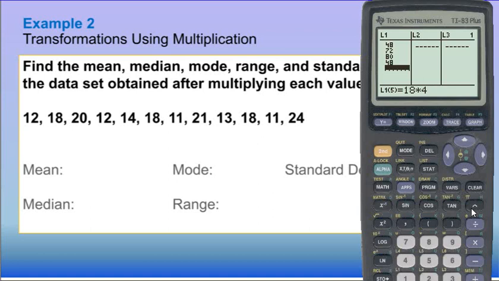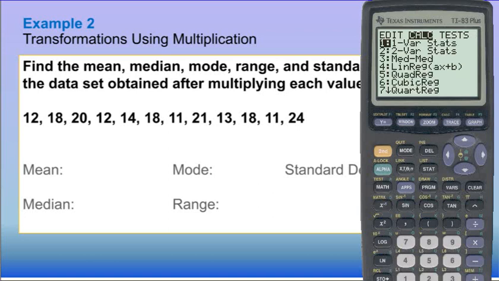Actually, this was 14 times 4. Then 18 times 4, 11 times 4, 21 times 4, 13 times 4, 18 times 4, 11 times 4, and 24 times 4.